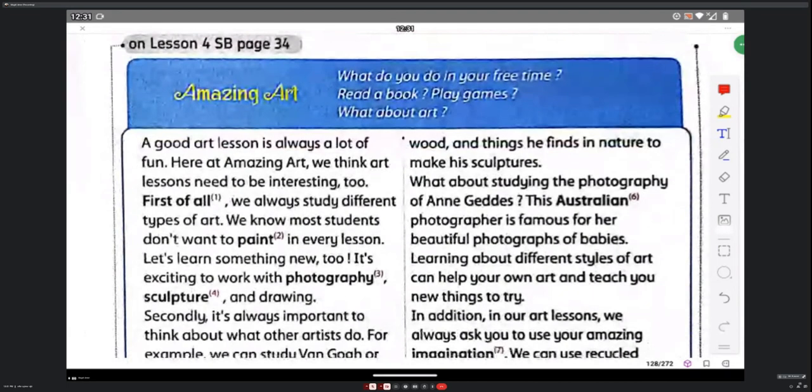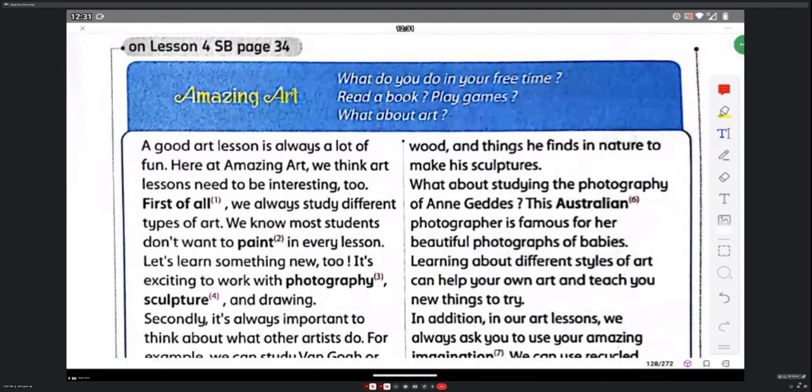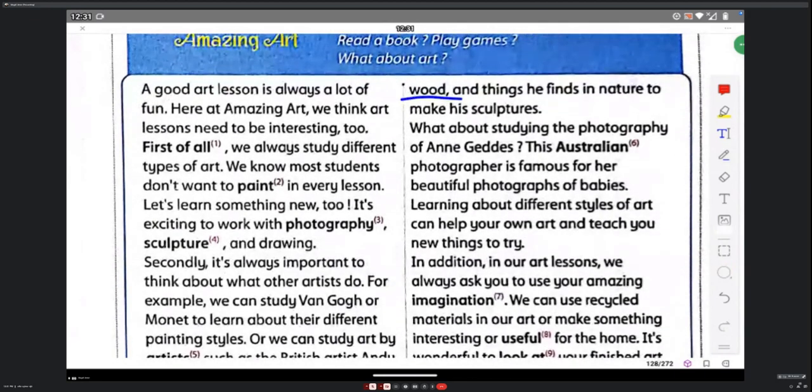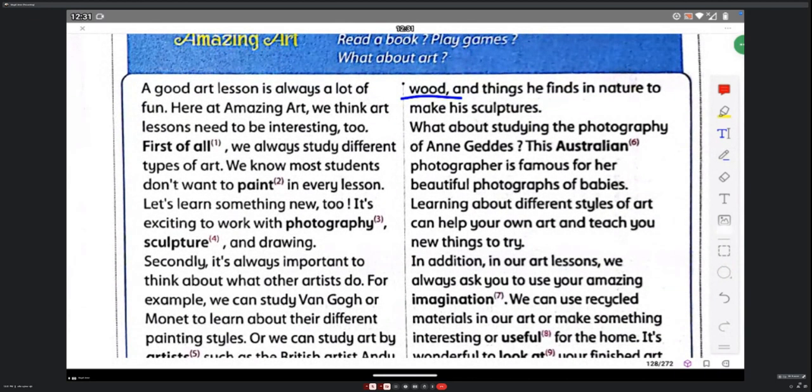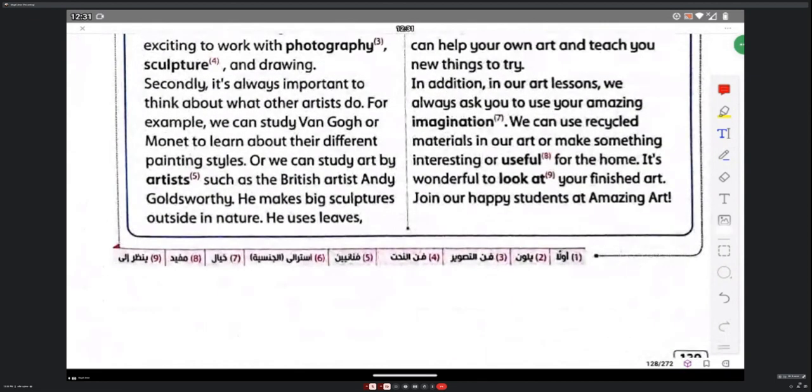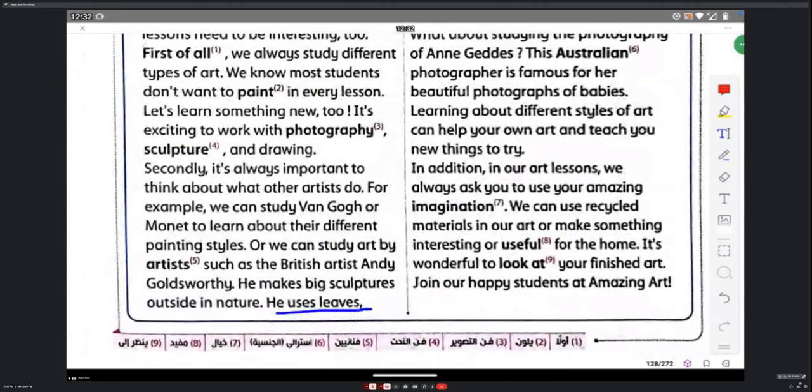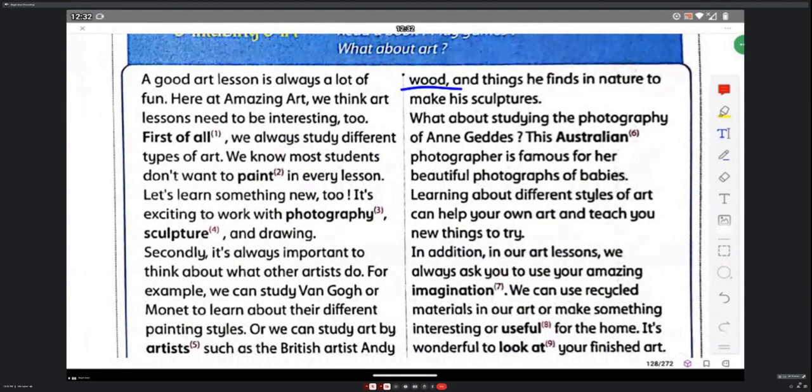He uses leaves, wood and things he finds in nature to make his sculptures. What about studying the photography of Anne Geddes? This Australian photographer is famous for her beautiful photographs of babies.